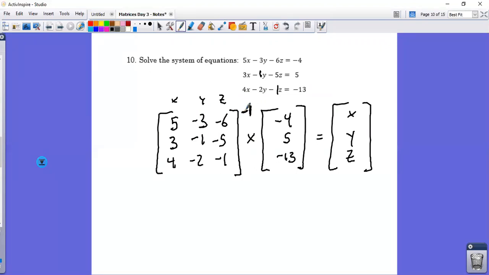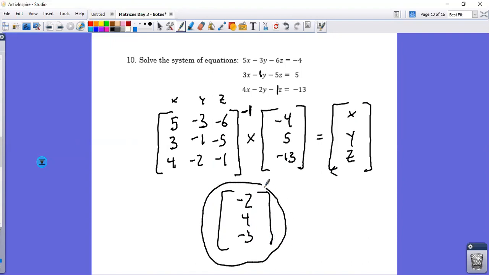That's very important. So the inverse of this one times will equal x, y, z. And it turned out to be -2, 4, -3, and you're done. So much quicker with matrices.